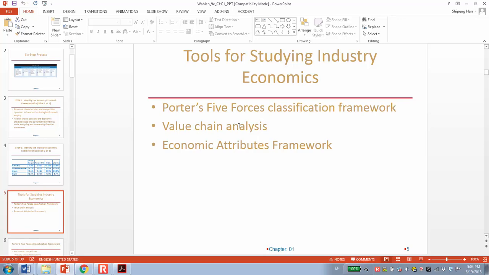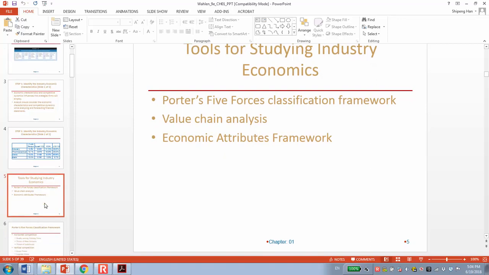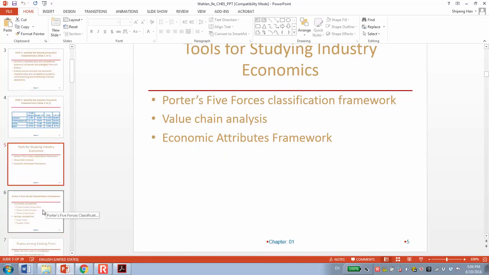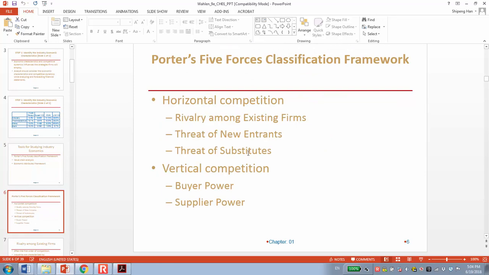Next is value chain analysis. Last one is economic attributes framework, which is very similar to the first one, Porter's 5 forces. In this class, I encourage you to use the Porter's 5 forces because it is easy to apply. Very straightforward. So let me introduce the Porter's 5 forces first.